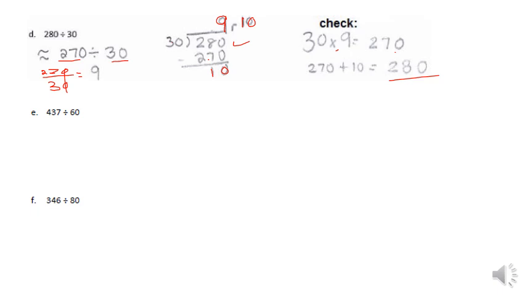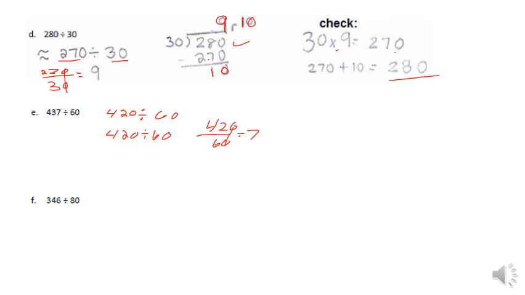On E, we're going to stick with 60 divided by, well, I know 6 times 7 is 42, so I'm going to go with 420. So 420 divided by 60, if I write it as a fraction, we can see we have 42 divided by 6, which would be 7.